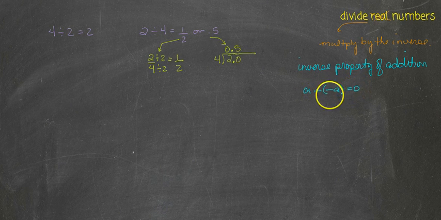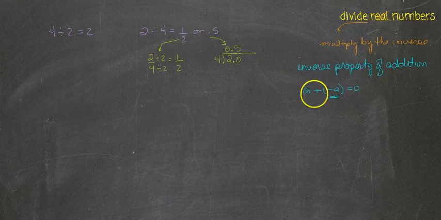And what that means is the inverse of A under addition is the opposite. It's what undoes a number under some operation. And the operation here would be addition. So in order to find the inverse under addition, you want to use the opposite.